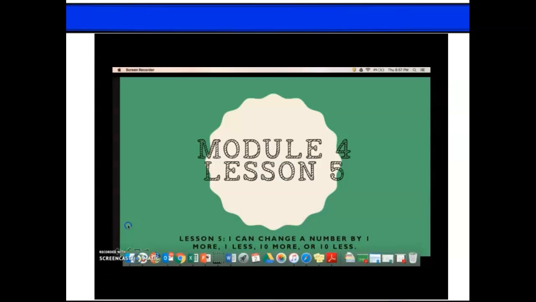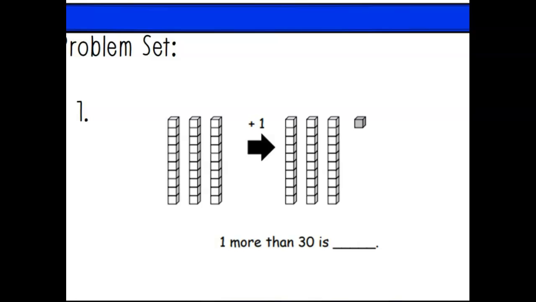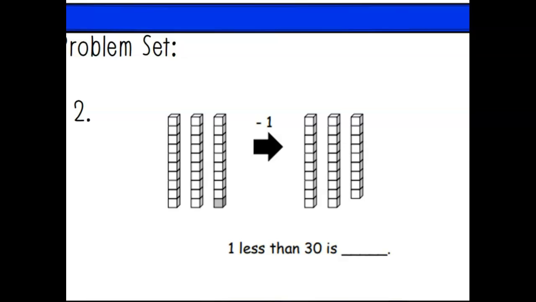All right, very good. So now we're going to solve these problems. So here we see 10, 20, 30. It wants us to add one more. So you see 1 more than 30 is 10, 20, 30, 31. Okay, now we're going to do 1 less than 30.